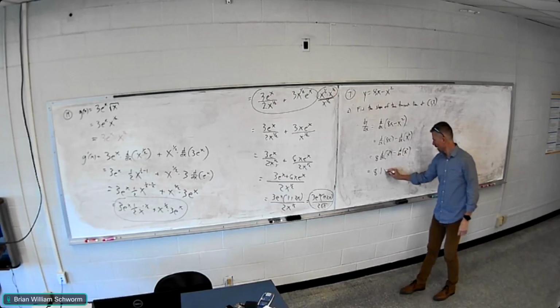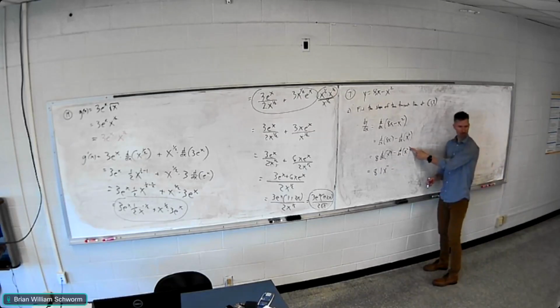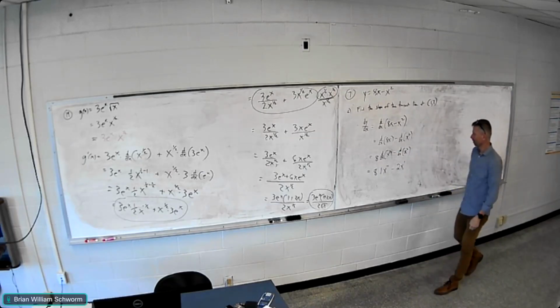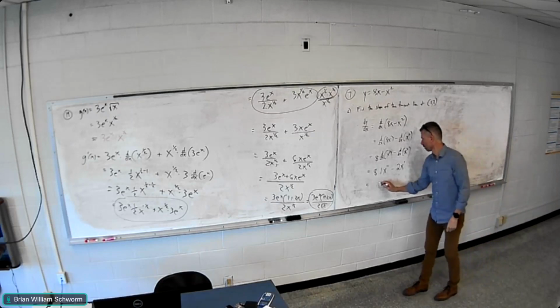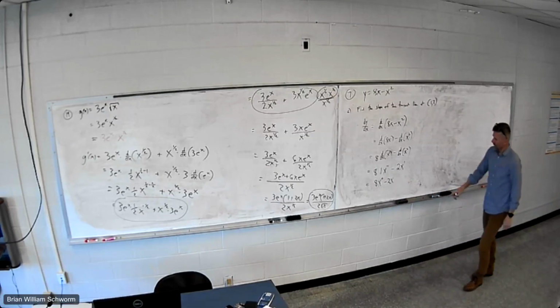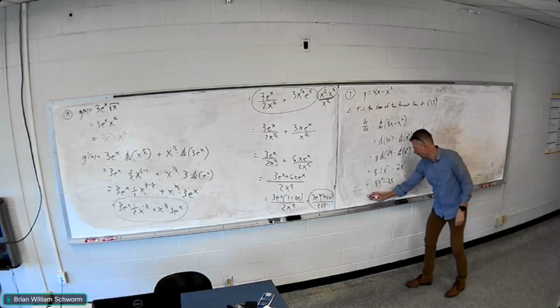The 1 drops down, and I subtract 1. Derivative of x squared, power rule there as well, just that it's a 2. Drop the 2 down and subtract 1. 1 minus 1 is 0, x to the 0 is 1. Anything to the 0 is 1.